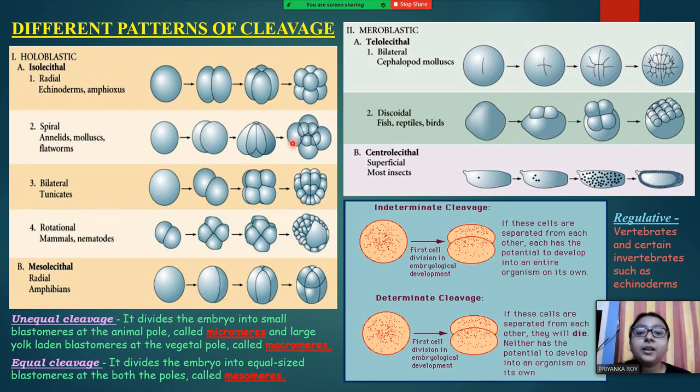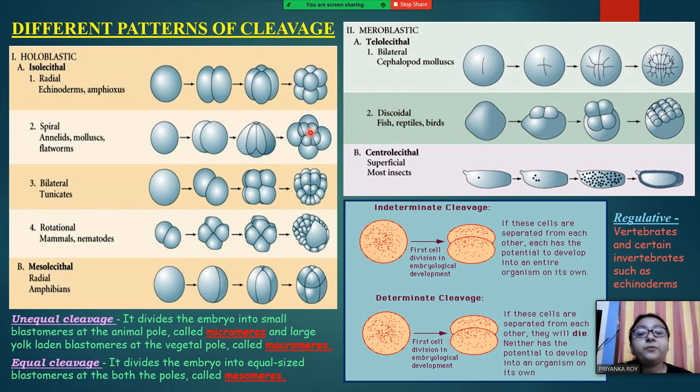In spiral cleavage, as you can see, the cells are arranged spirally around the polar axis, and here you can see unequal sized cells have formed. Some blastomeres at the top are smaller in size, called micromeres, and the other blastomeres at the bottom, that is the vegetal pole, are larger in size, which are known as macromeres.